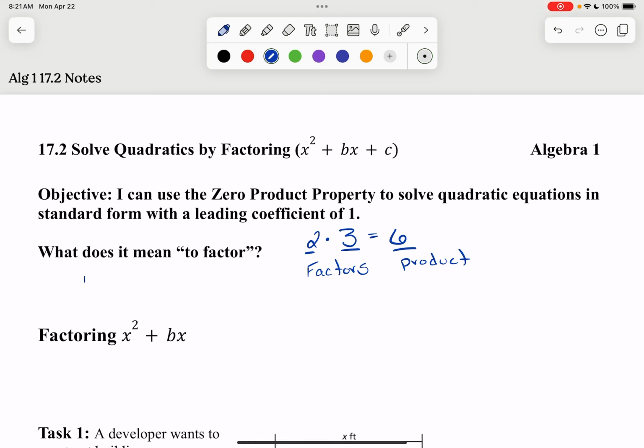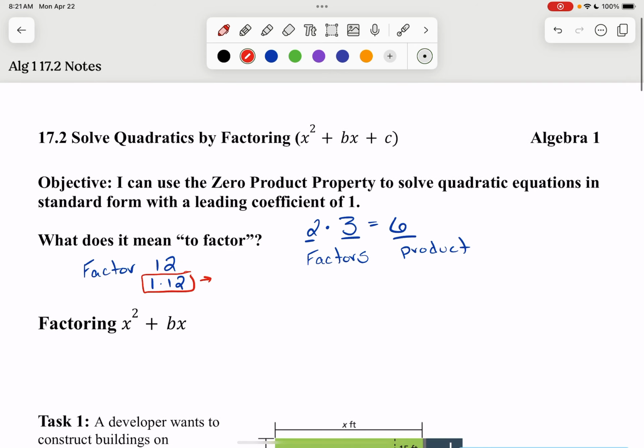So if I asked you to factor the number 12, I'm looking for what numbers give me 12. You could give me 1 times 12. That does technically work. This is one of those bits of gray area. We don't really like these factors because 1 is a factor of everything, so we don't tend to use 1.